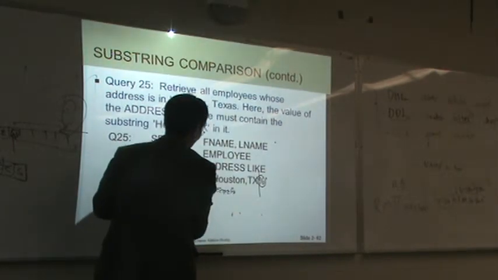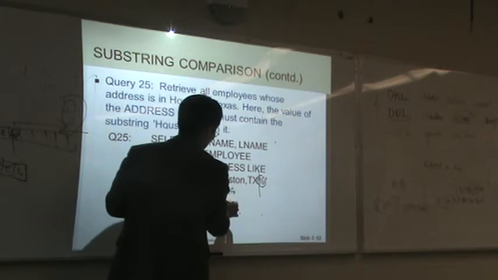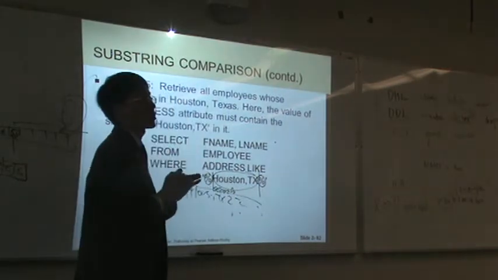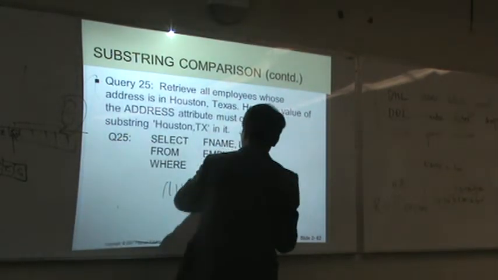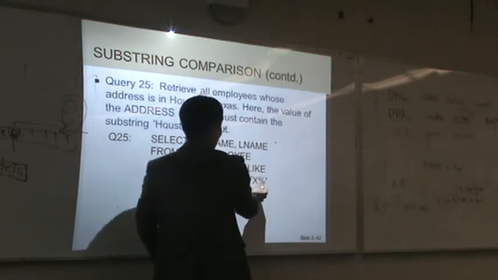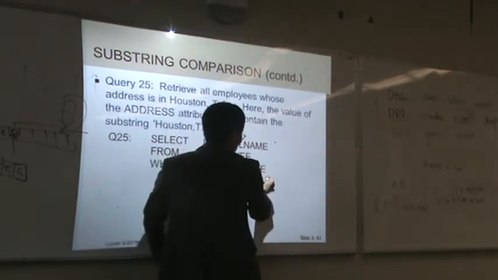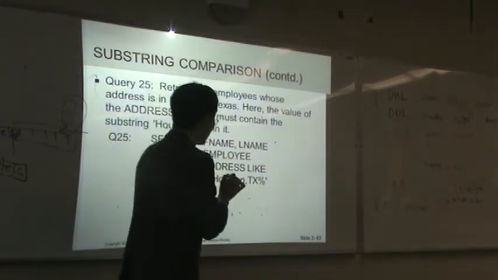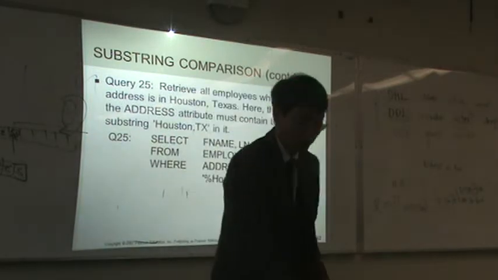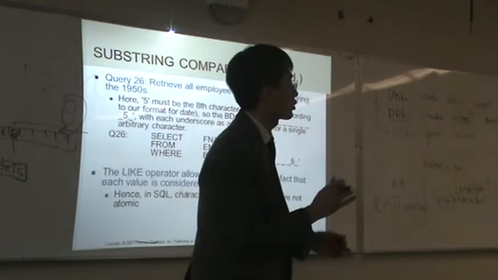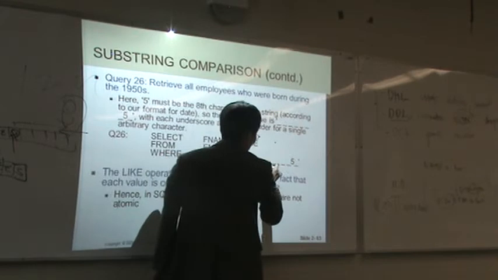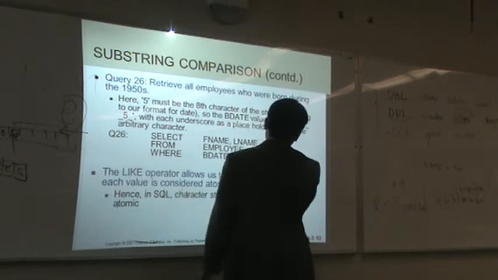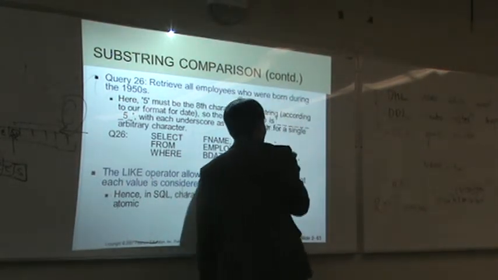So for example, 11111 Houston, TX 2222. It will be returned as long as it contains this substring. But if I'm going to consider only the end of the address, return all addresses ending with this, at that time you can remove this part. For what begins with, you can remove this part. At that time, you should use the like operator. I'd like to compare the string letter by letter. At that time, you can use underbar. Underbar means a specific position. So which means 1, 2, 3, 4, 5, 6, 7, 8th letter should be 5.